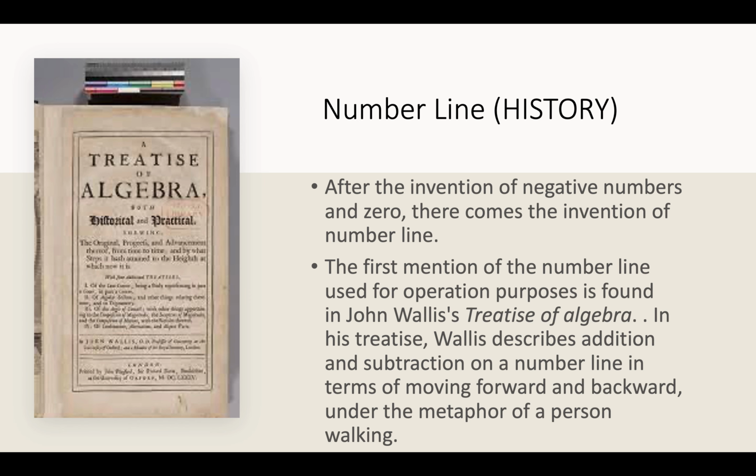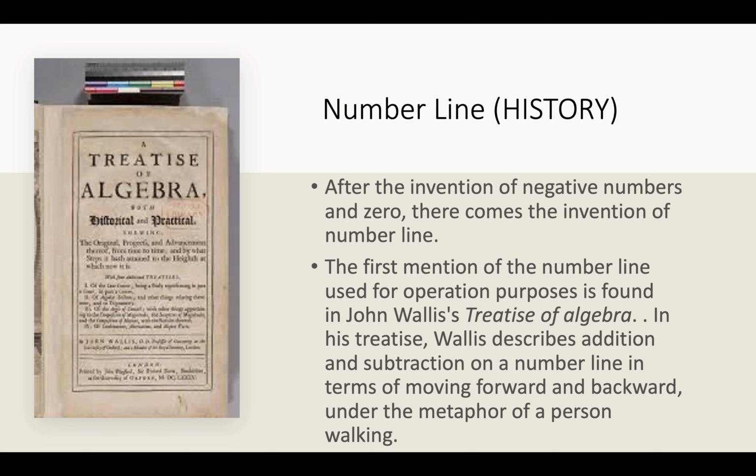Number line. After the invention of negative numbers and zero, there comes the invention of the number line. The first mention of the number line used for operation purposes is found in John Wallis' Treatise of Algebra.